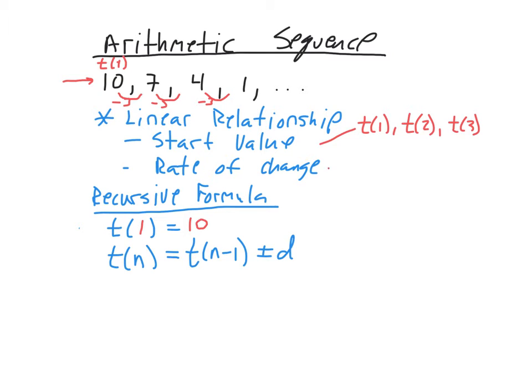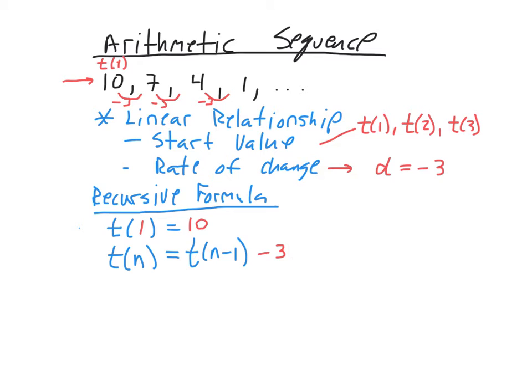That trend is my rate of change or common difference is negative 3. I'm going down by 3 each time. Now I can modify my formula, and it's done. There's my formula. I got my start value, got my rate of change, and I got my recursive formula. That's it. Doesn't get any harder.